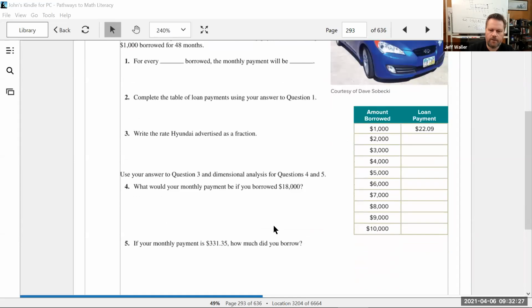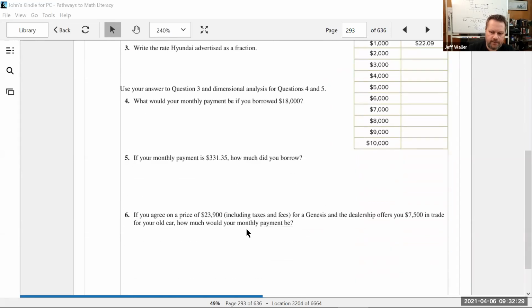Number 6 says, if you agree on a price of $23,900, but they offer you $7,500 in trade-in for your old car, how much money are you actually going to owe them now? 16,400. Good. So for 16,400, how much will your monthly payment be? That's what you've got to figure out.